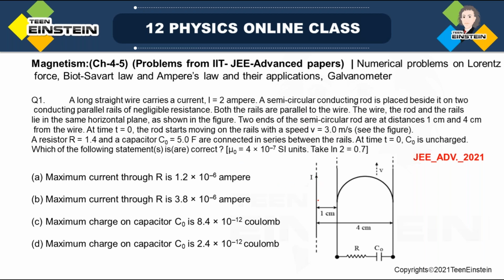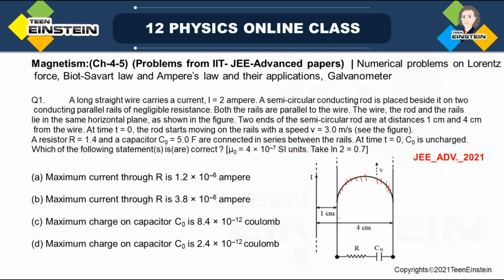So beside this wire, this one is the semicircular rod. As you see, this rod is placed on two parallel rails. These are also conductors. Okay, conducting rails, they have negligible resistance.